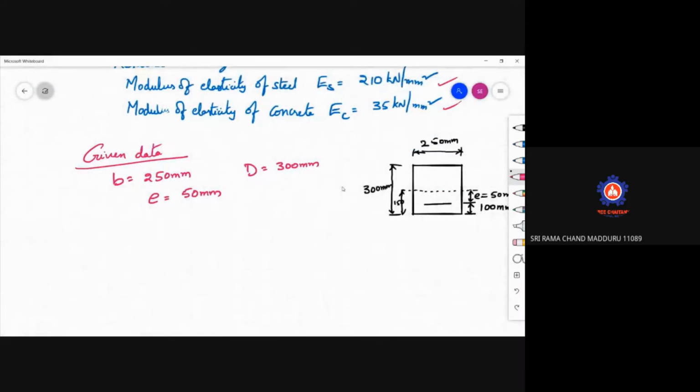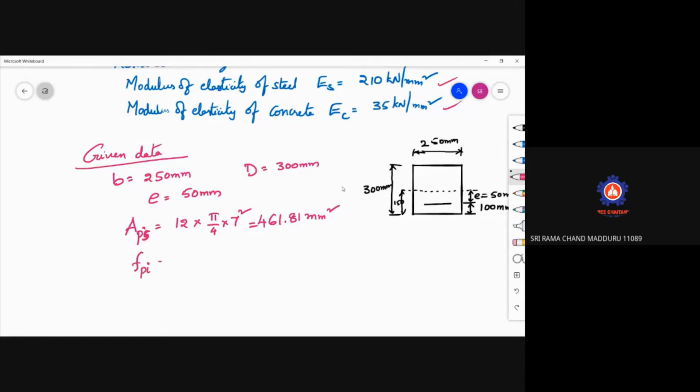So, the diameter of the wires as given 7 mm, we can calculate APS, area of pre-stressing steel. APS is equal to 12 into pi by 4 into 7 square, which is 461.81 mm square, that is the area of pre-stressing steel.